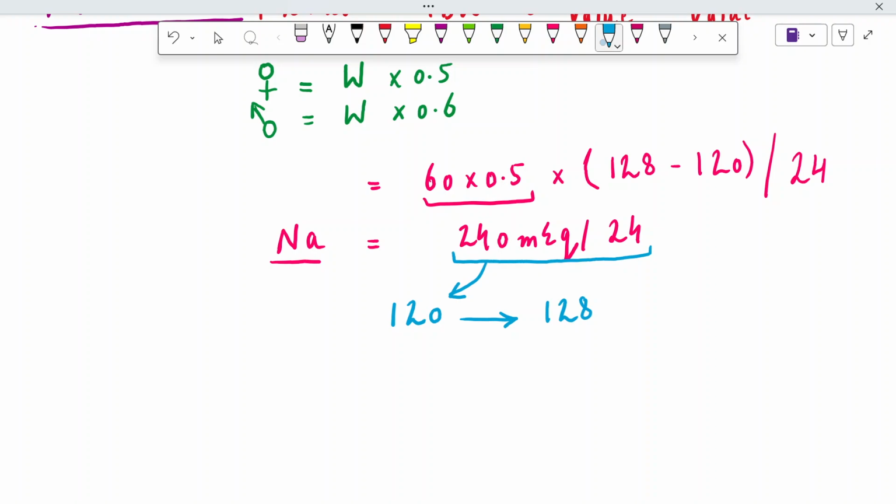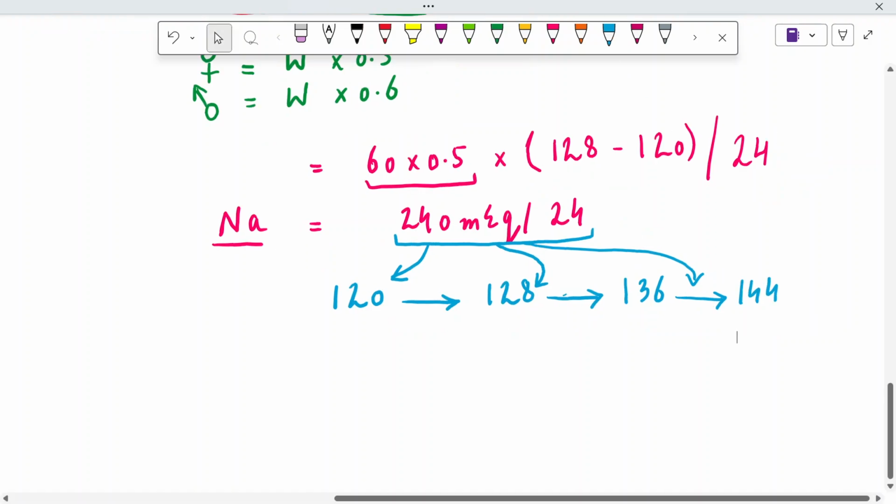And in the next 24 hours, we again give the 240, then this will increase to 136. And in the next 24 hours, again we give 240, and this will cause the sodium to become normal again.